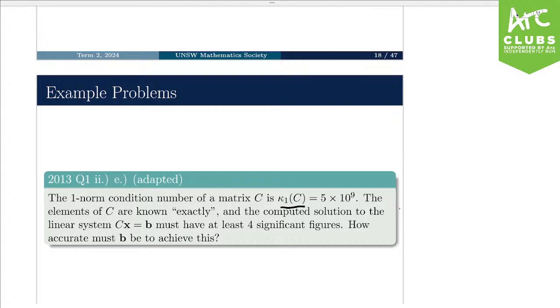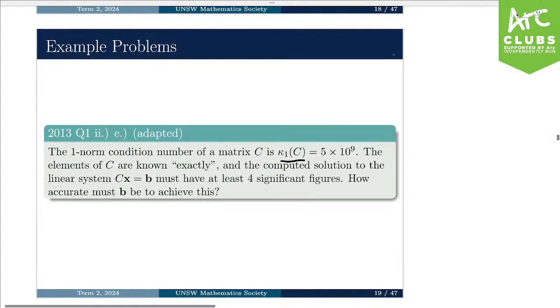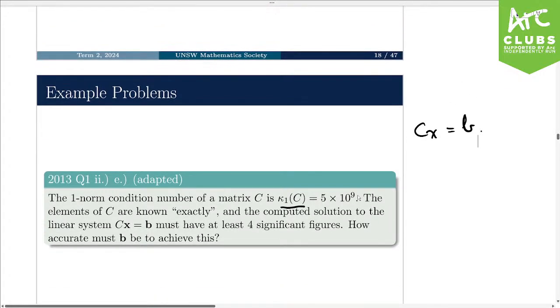And part E wants us to solve this question. So we have a system Cx equals b, and we want our computed solution to have at least 4 significant figures, which means we want the relative error in x to be less than or equal to 0.5 times 10 to the minus 4.